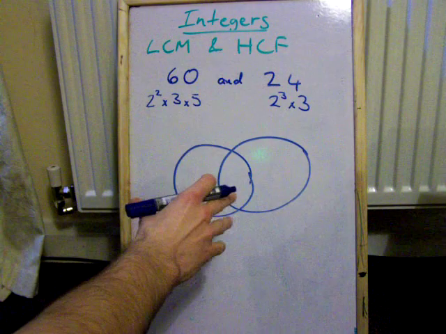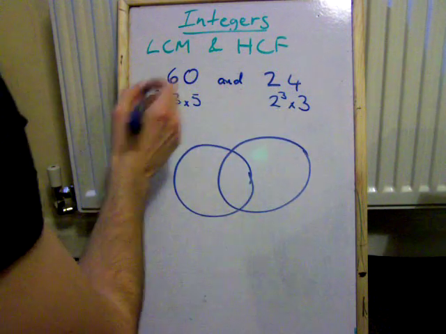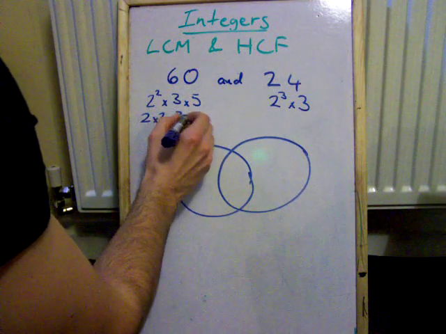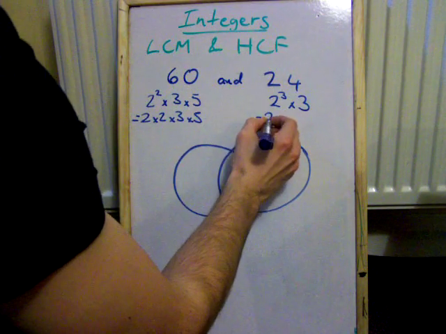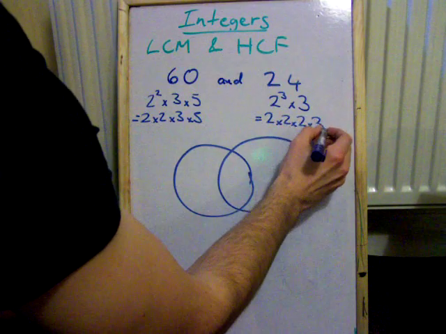For the purpose of this, I'm going to write these out in the longhand version. So this is 2 times 2 times 3 times 5, and this is 2 times 2 times 2 times 3.